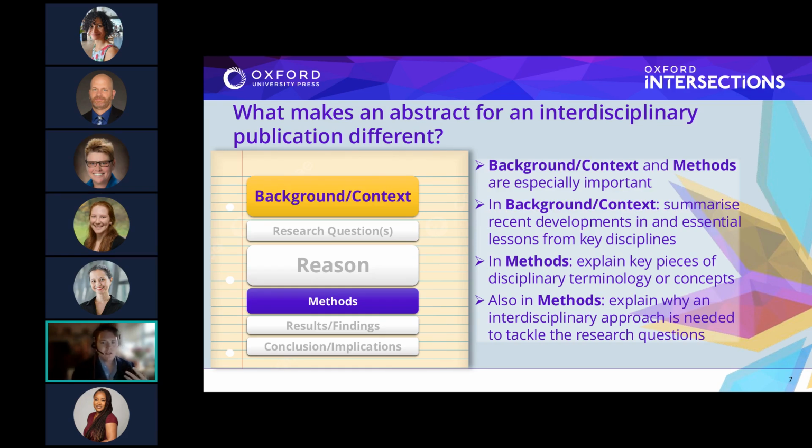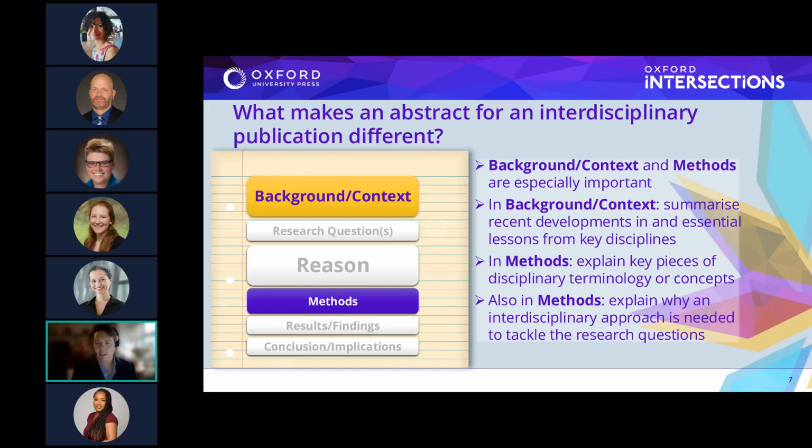I'd also advise you to say what the advantages of an interdisciplinary approach to the problem at hand are. So what does your interdisciplinary approach add that a single discipline approach might lack? So as well as previewing your research, you sort of need to explain and defend its interdisciplinariness.